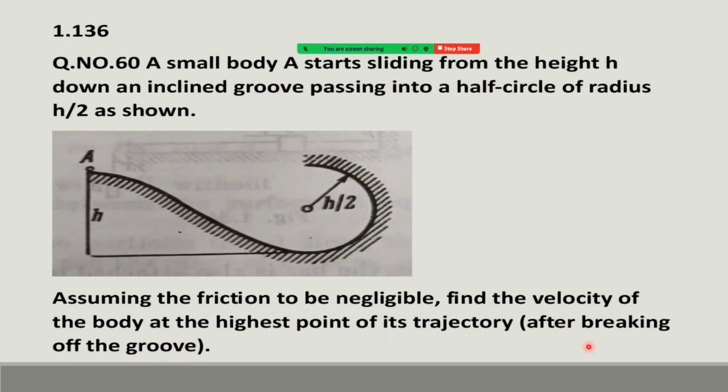The condition is after breaking off the groove. Its meaning is this body slides like this, follows a path like this, and somewhere it will lose contact. That is the meaning of breaking off the groove, losing contact.